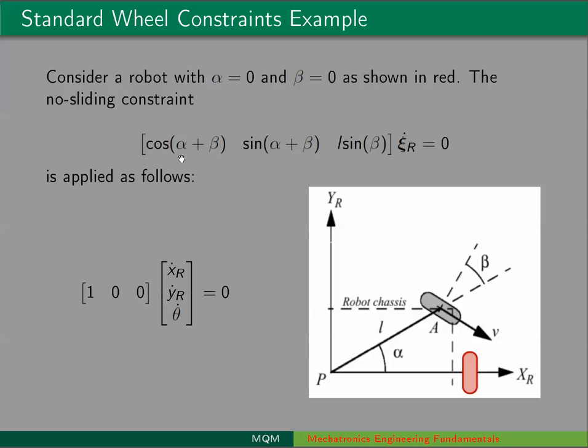And whenever we plug in these values for alpha and beta, we get this equation. And all that boils down to is that x dot r equals 0. So it's saying that the x component in the robot frame of the velocity is 0. So we're not moving perpendicular to the wheel plane. So that mathematically is just what we're saying.